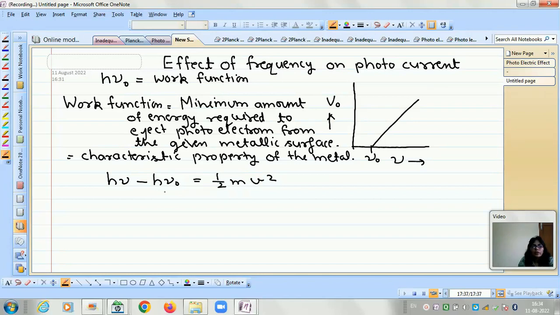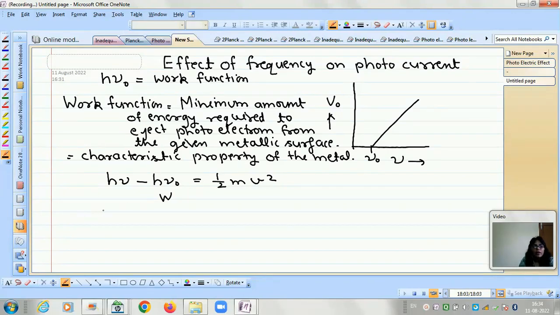So h nu naught is the work function, meaning the minimum energy required to eject a photoelectron, and h nu is the real energy of the photon. The difference of the real energy h nu minus the work function will go to increase the kinetic energy of the electron.